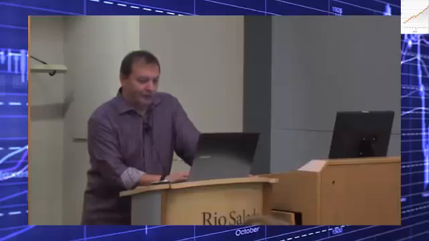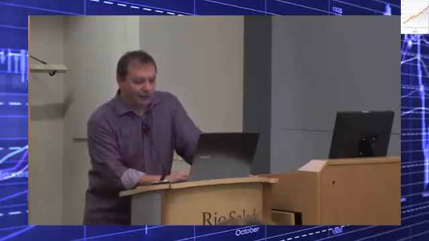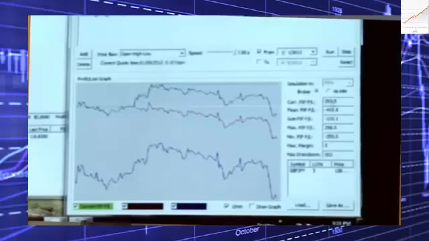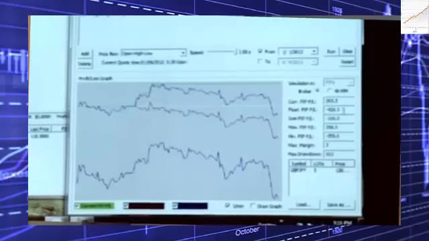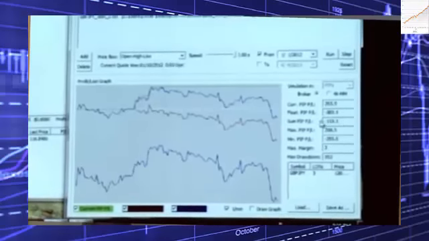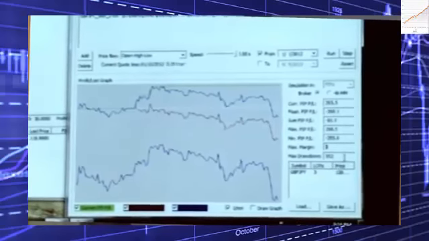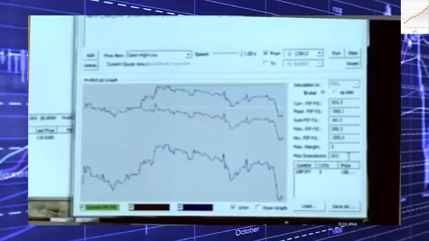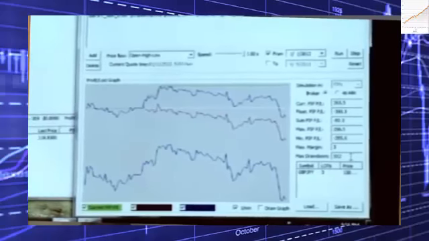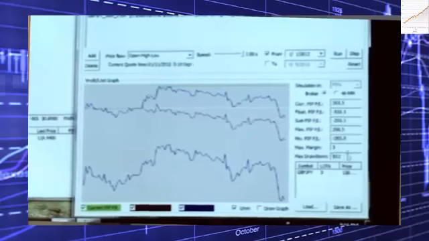Now on this side, there's a calculator that calculates basically the closed trades. This is the open trades, and this is the combination. This is the size of the current trade, and down here what we have is basically maximum drawdown, how much we're drawing down at any given time.